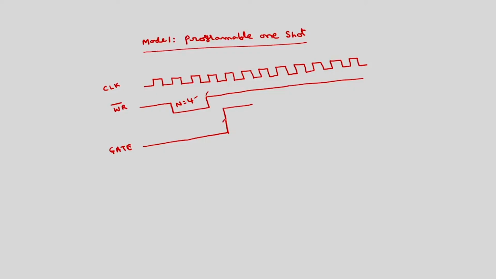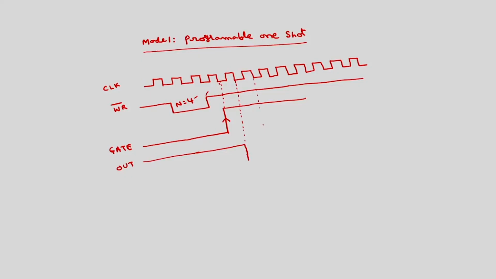So, at the rising edge of this gate, after that, at the next negative edge of the clock, the out signal, which was initially high, starts counting.